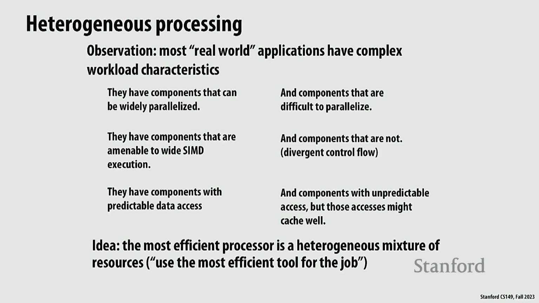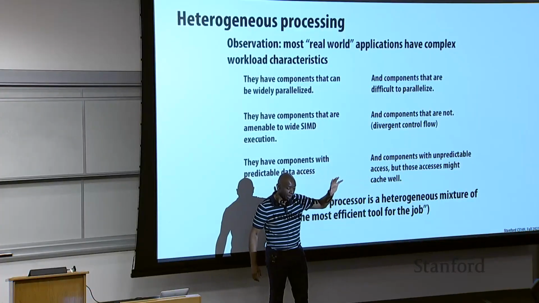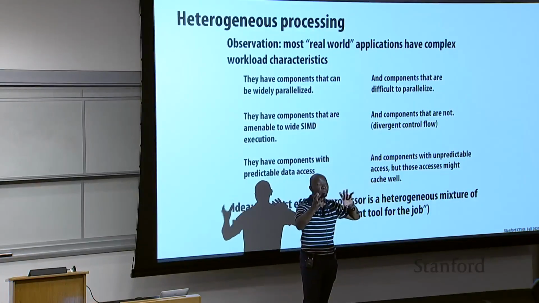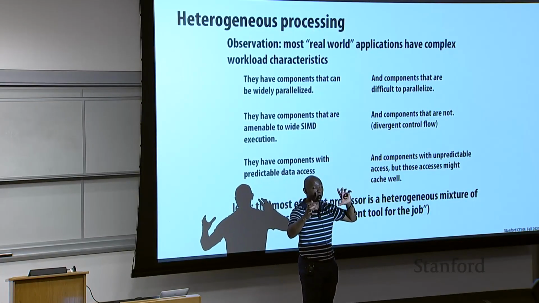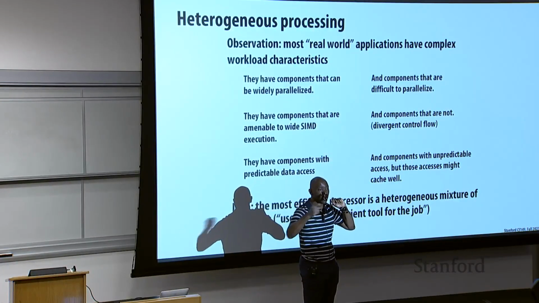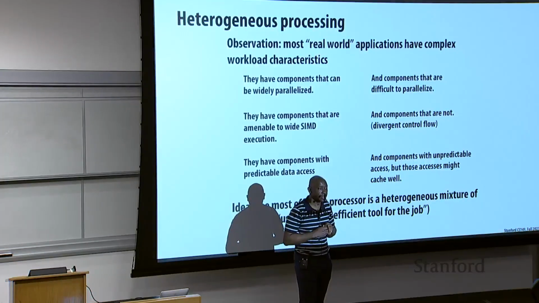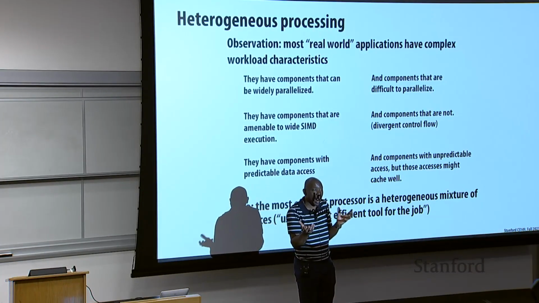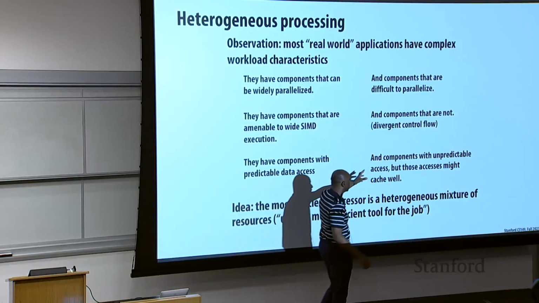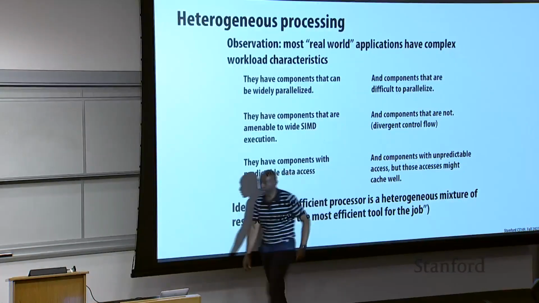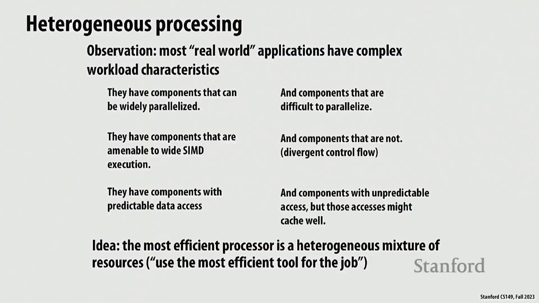If you look at the memory accesses, which of course are a key component to the performance of your application, some of the memory accesses are predictable. And if they're predictable, then of course you can prefetch those accesses. If they're not predictable, then maybe they cache well, right? So hopefully you can get one or potentially both of these characteristics, okay?